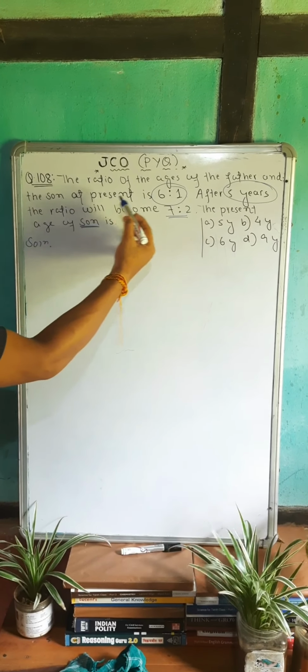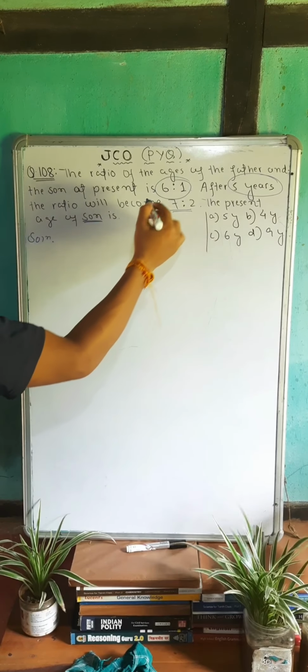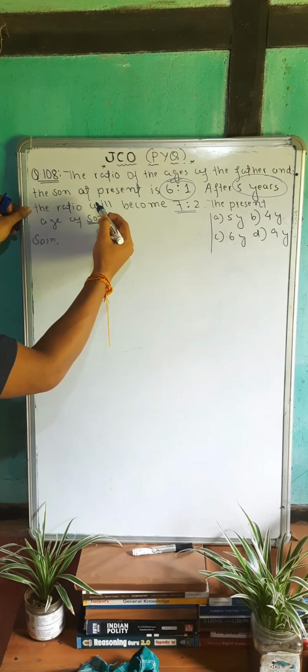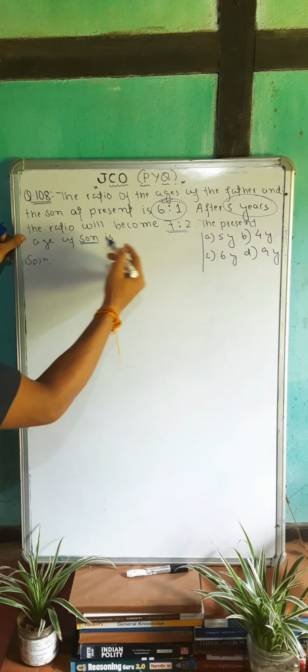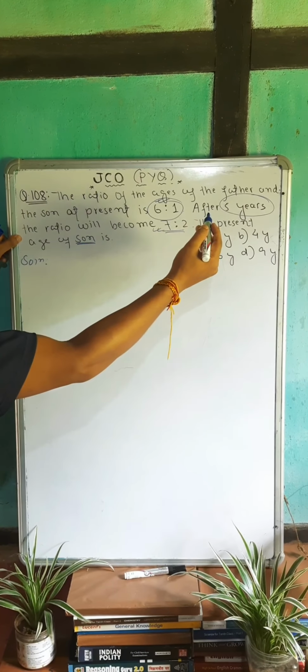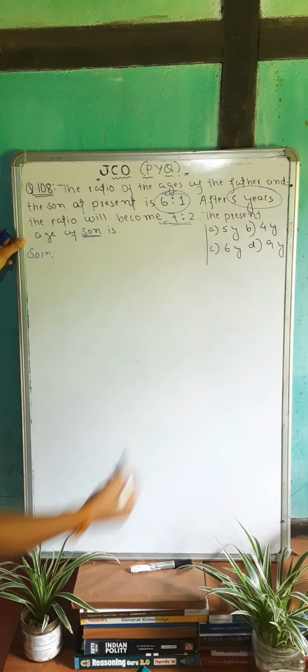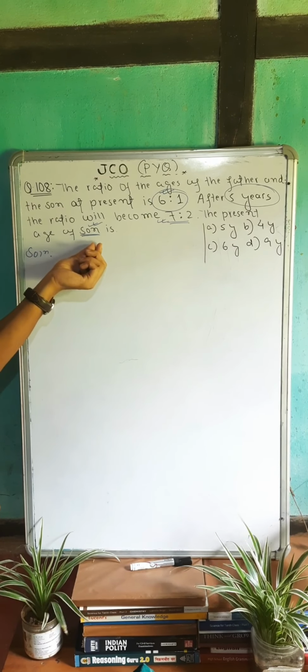The ratio of the ages of father and son at present is 6:1. So the present age of father and son is given in the ratio 6:1. After 5 years, the ratio will become 7:2. After 5 years, the ratio of father and son will become 7:2. What is the present age of the son? We need to find the present age of the son.